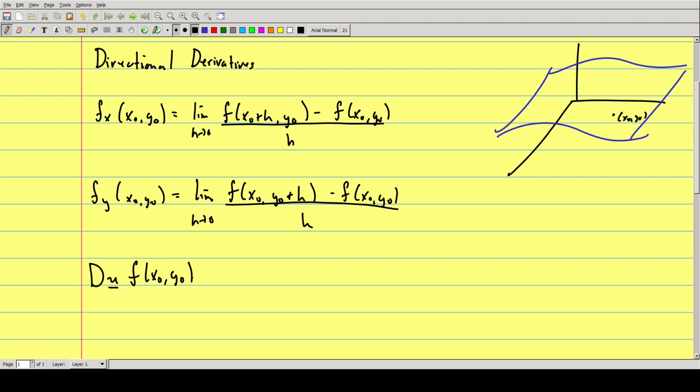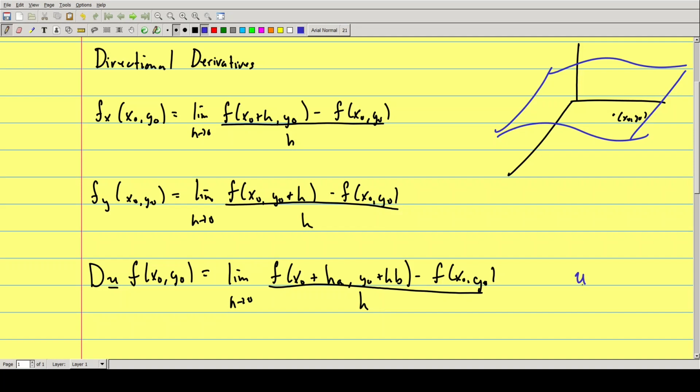If we pick some other direction u, the directional derivative in the u direction looks like the limit as h approaches 0 of f of x naught plus h times a, y naught plus h times b, minus f of x naught, y naught, all over h, with u being a unit vector.